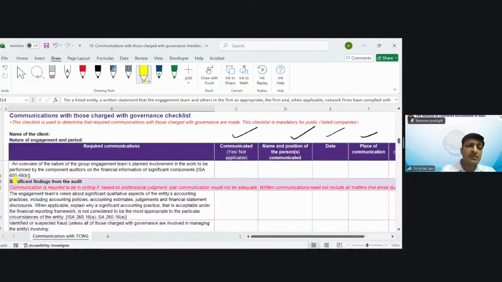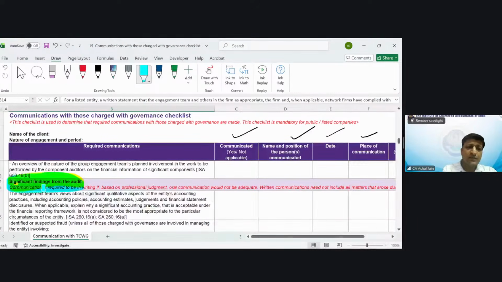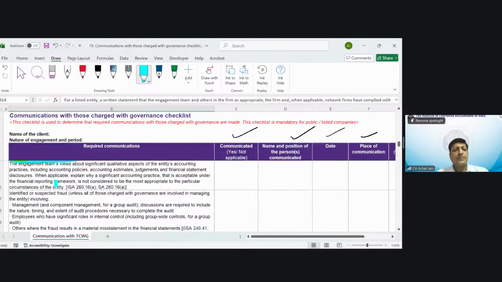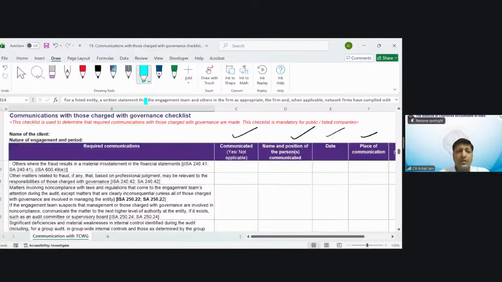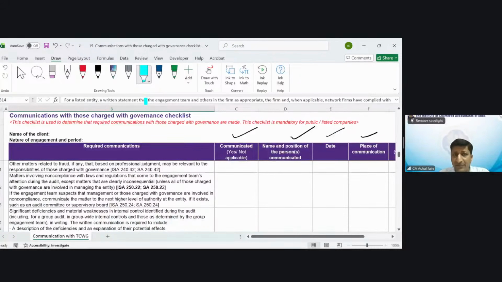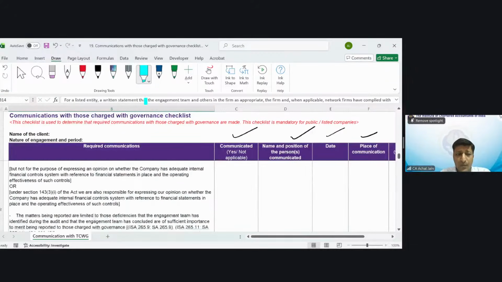Significant findings which might be there: identified or suspected fraud, other matters related to fraud, matters involving non-compliance with laws and regulations, and significant deficiencies and material weaknesses in internal control.